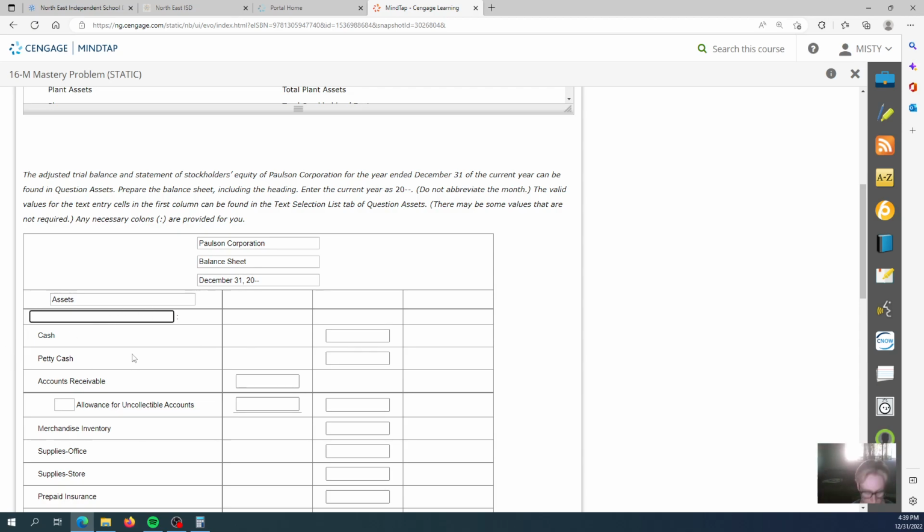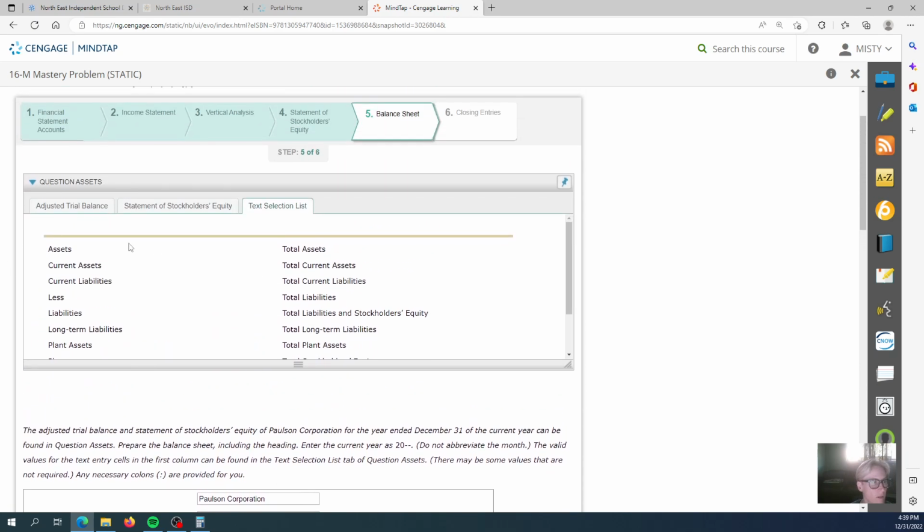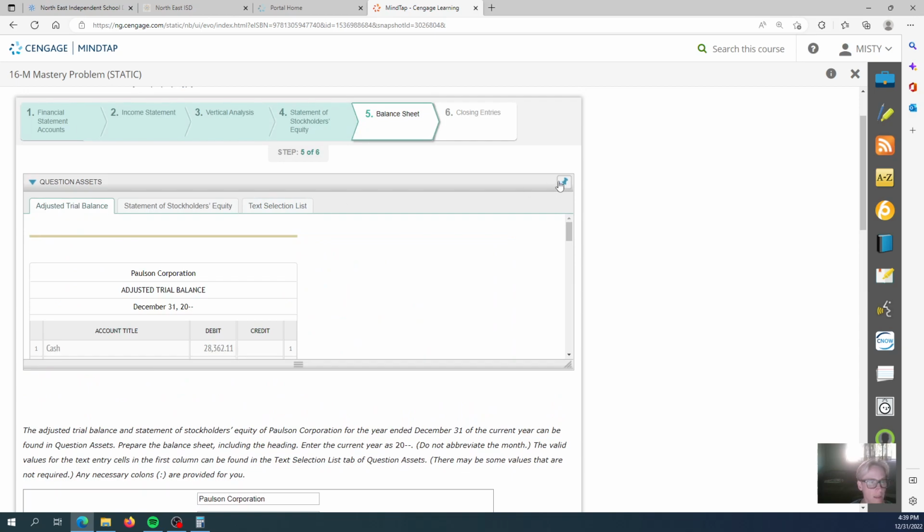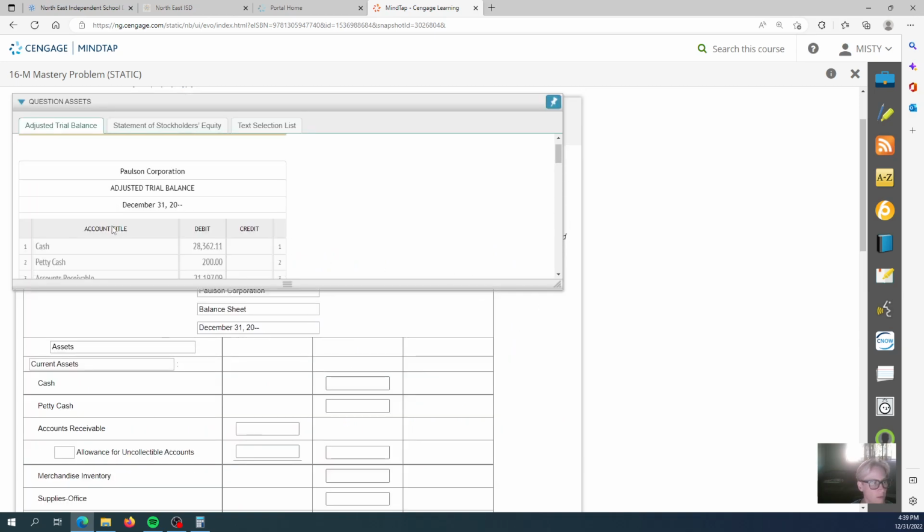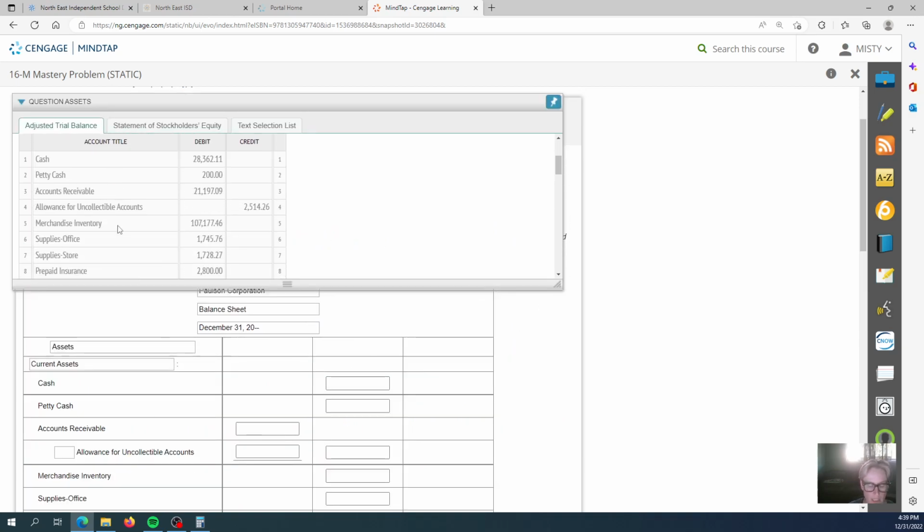So we have our current assets listed first. Okay. Oh, so let's go ahead and consult our adjusted trial balance. There we go. And let's plug all this stuff in.